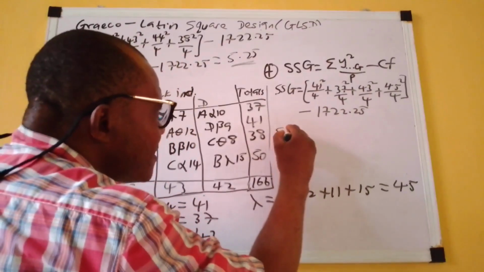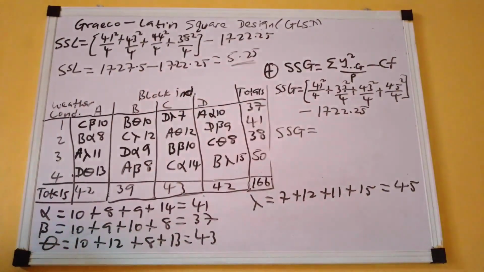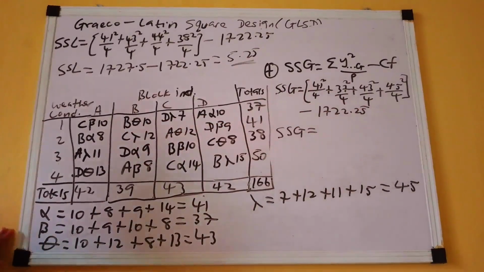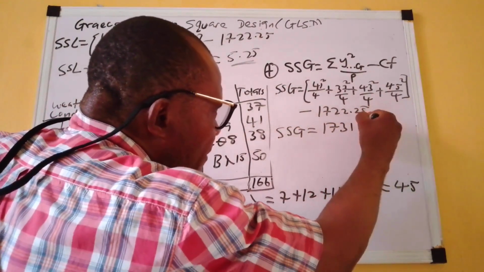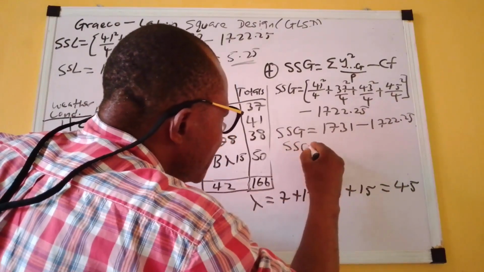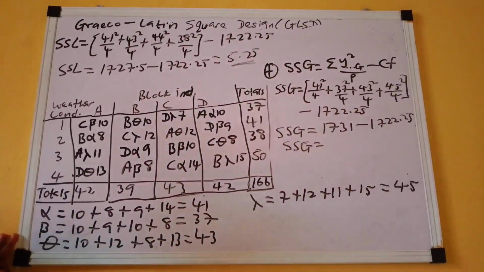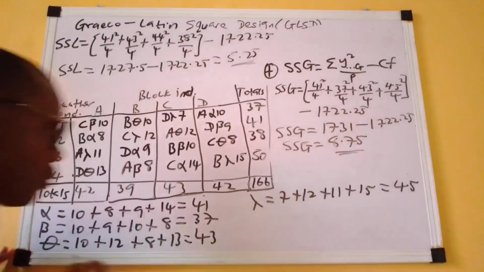So our SSG, sum of squares for the Greek letters, when you carry out that arithmetic, you square and divide and take the sum, you have 1731 minus 1722.25. So our sum of square for the Greek letters SSG will now be equal to 8.75. That is what you have.